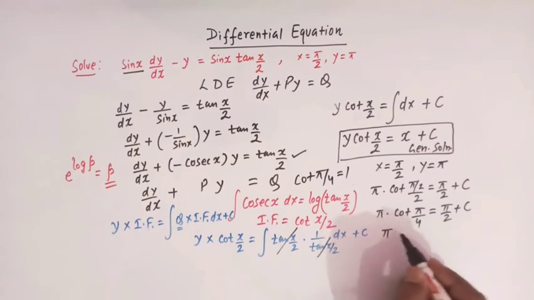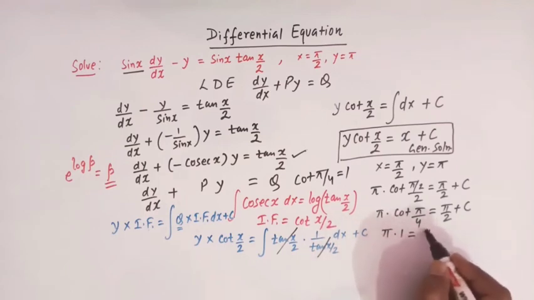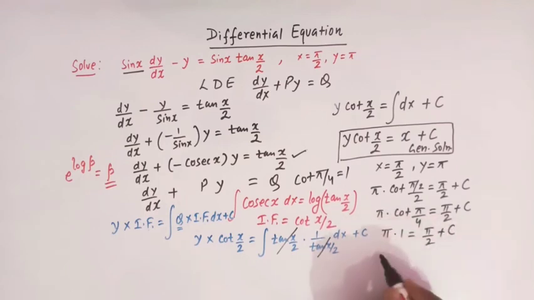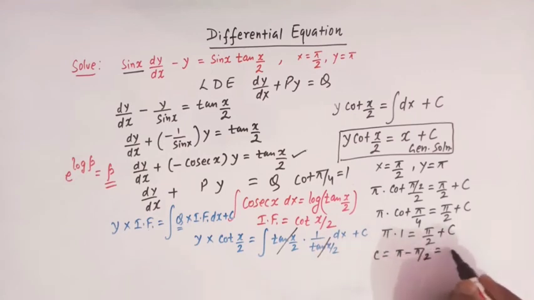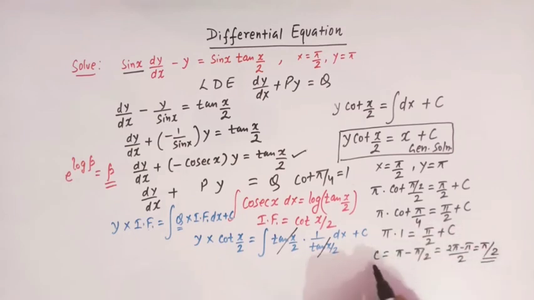So pi times 1 equals pi by 2 plus c, and c is pi minus pi by 2, that is pi by 2. So the value of the constant of integration c is equal to pi by 2.